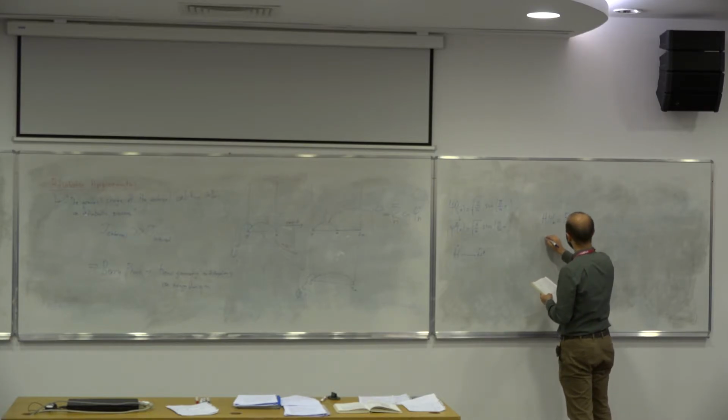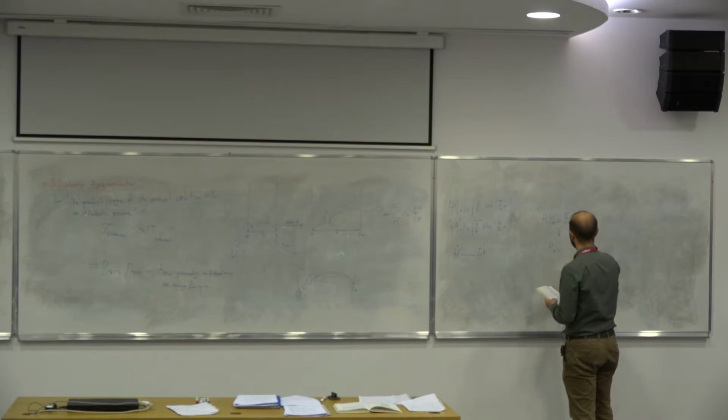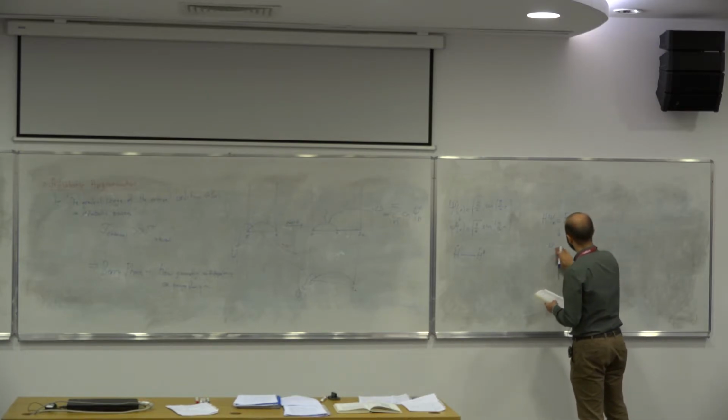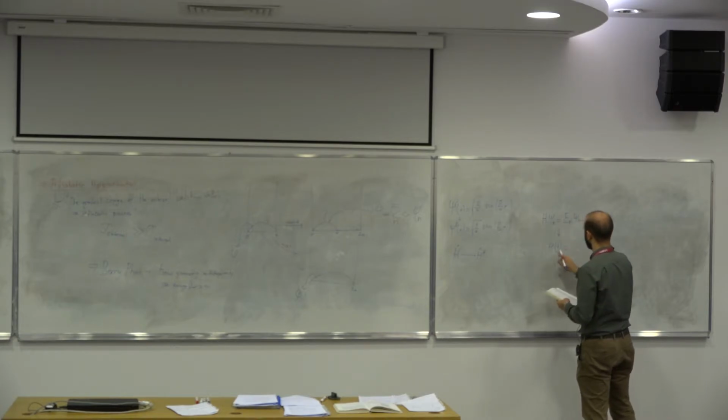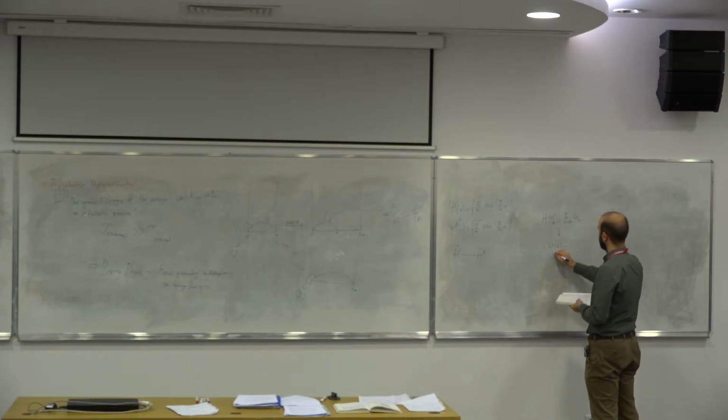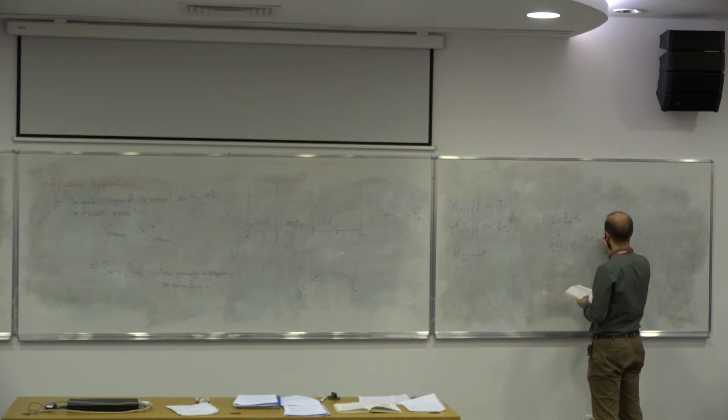Now let's do it this way. Now this phi n, the time-dependent wave function, I'm not showing the x dimension, will be given by this phi n e to the minus i E n t over h bar.